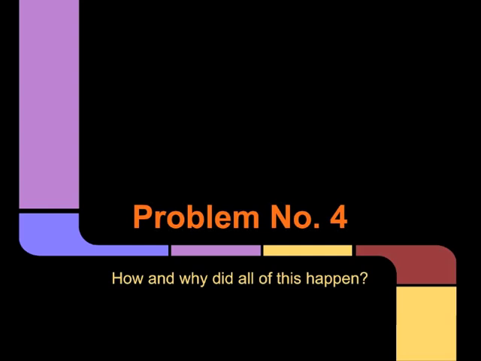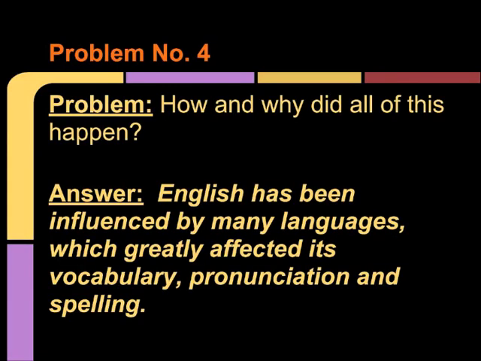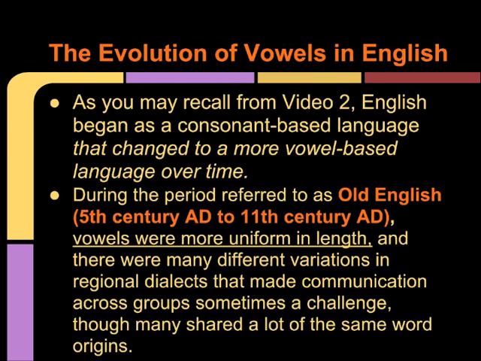Problem number 4. How and why did all of this happen? The answer is that English has been influenced by many languages, which greatly affected its vocabulary, pronunciation, and spelling. As you may recall from video 2, English began as a consonant-based language that changed to a more vowel-based language over time.